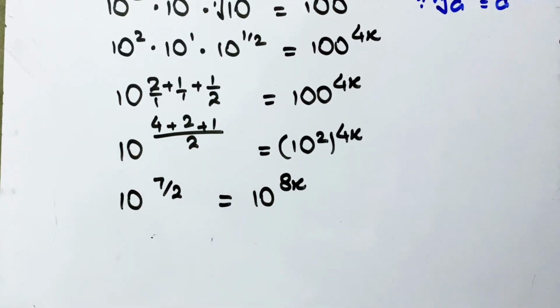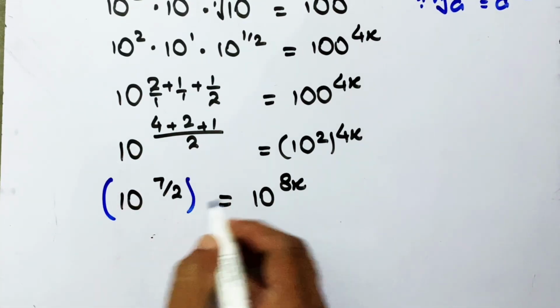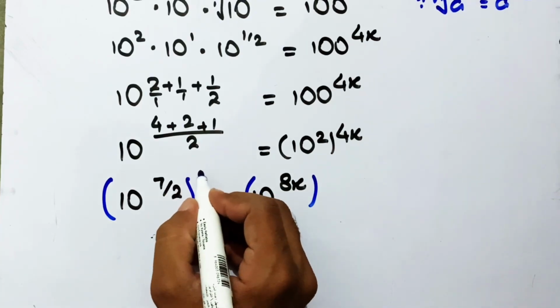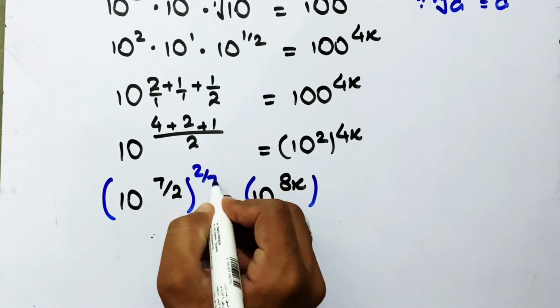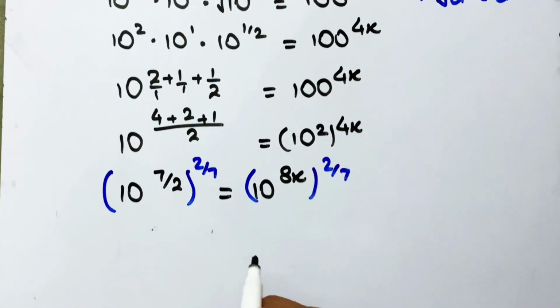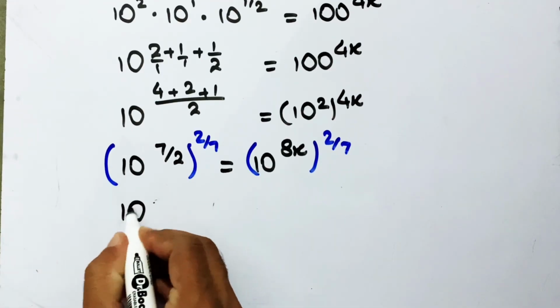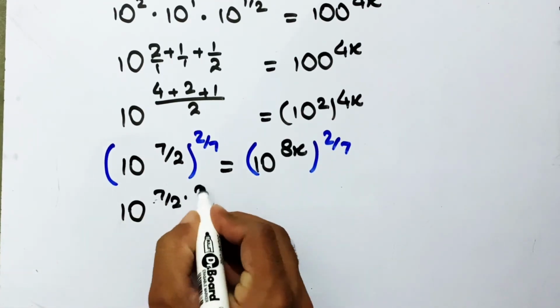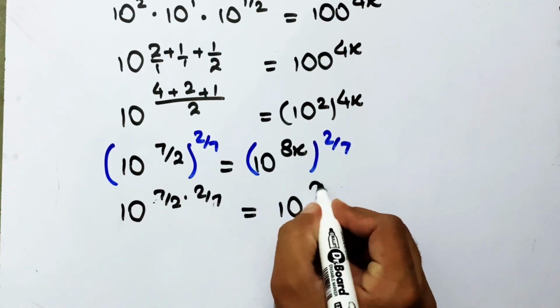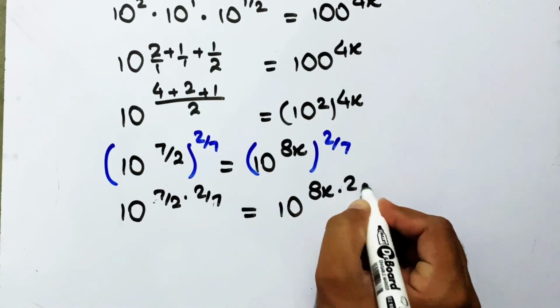Now multiply both sides' powers by 2 by 7. The equation becomes 10 to the power of 7 by 2 times 2 by 7 equals 10 to the power of 8x times 2 by 7.